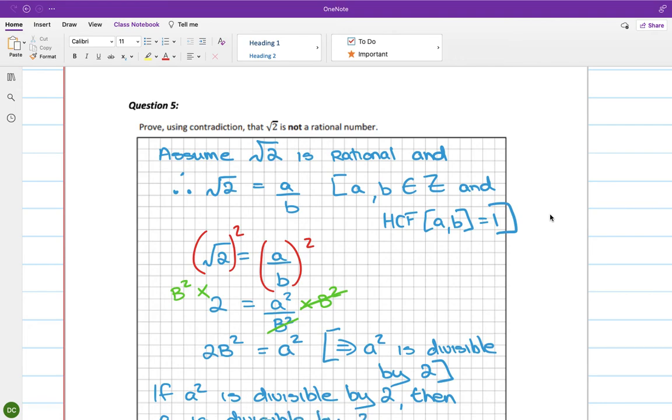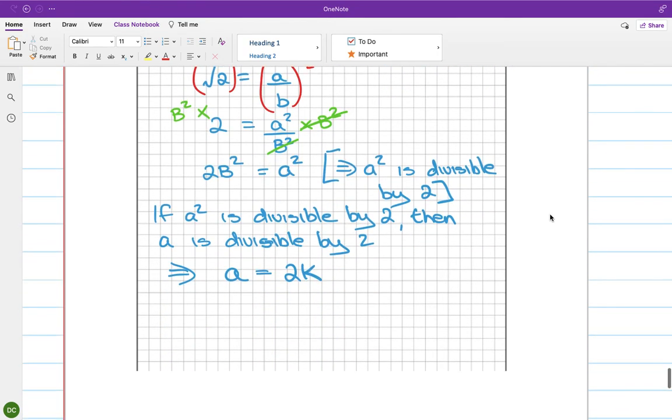So the fact that a squared was equal to 2 times b squared meant that a squared was divisible by 2.